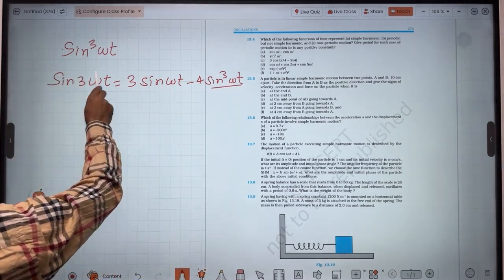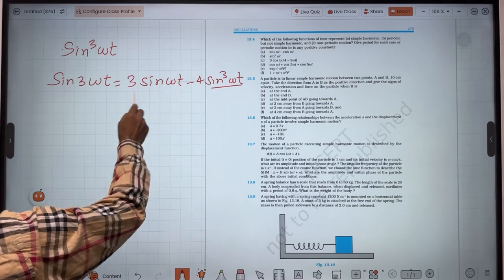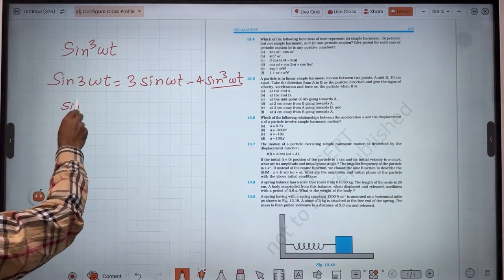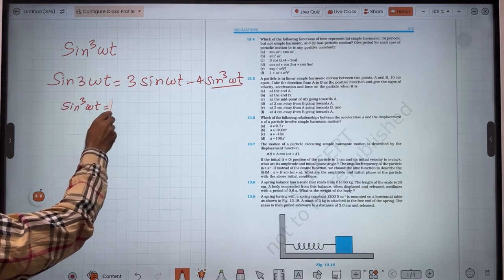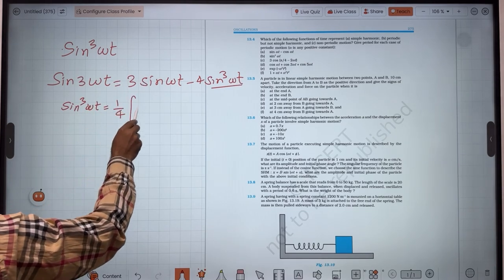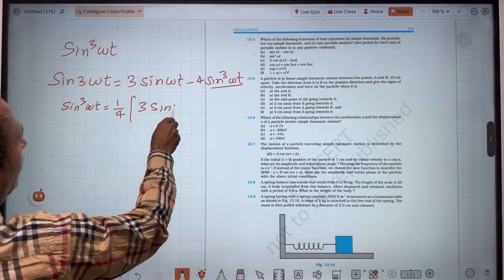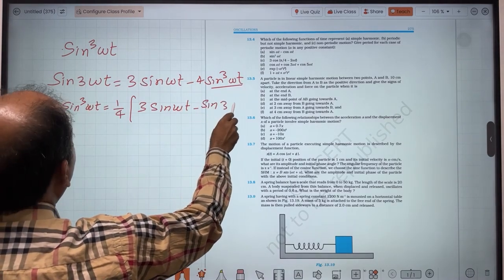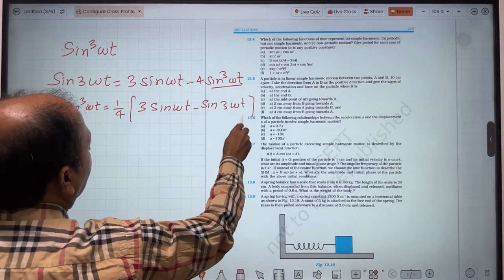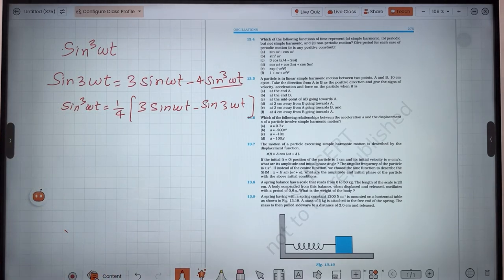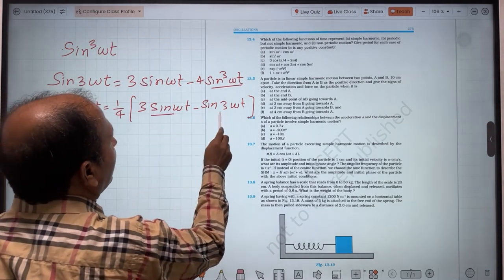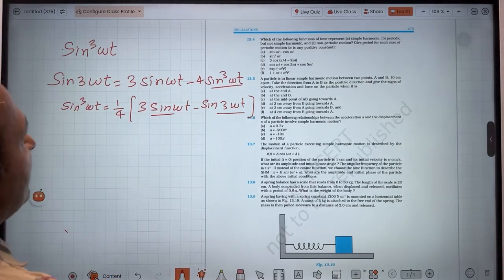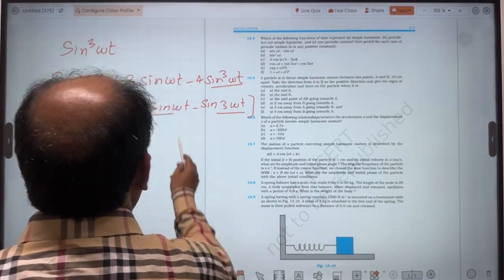So we can take this 3 sine omega t to RHS, and divide by 4. So we will get sine cube omega t equal to 1 by 4 of 3 sine omega t minus sine 3 omega t. Correct? So these are separately periodic, but they will not represent simple harmonic motion.